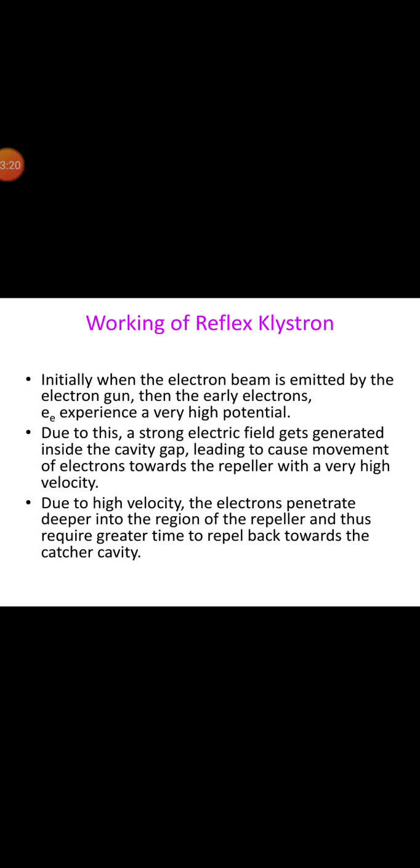Initially, when the electron beam is emitted by the electron gun, the early electrons, that is EE, experience a very high potential. Due to this, a strong electric field gets generated inside the cavity gap, leading to movement of electrons towards the repeller with a very high velocity. Due to high velocity, the electrons penetrate deeper into the region of the repeller and thus require greater time to repel back towards the catcher cavity.